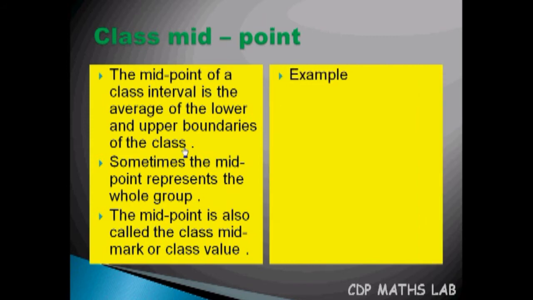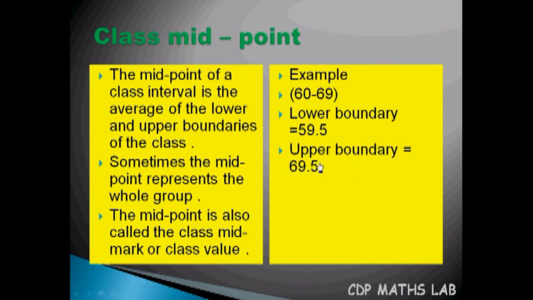For example, once again, this is our class interval, so our lower class limit and our upper class limit. Our lower boundary was 59.5, and you know exactly how we got that, right? Good. And our upper boundary is 69.5, and I'm quite sure you knew how we got these two boundaries. So now we're going to find the midpoint.